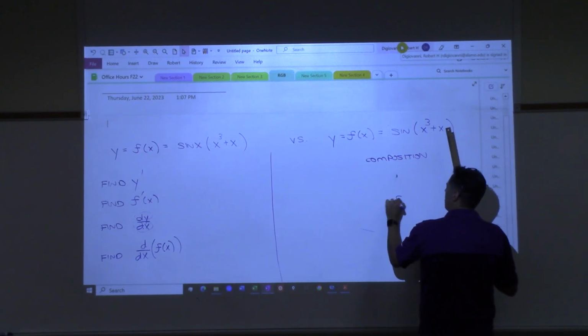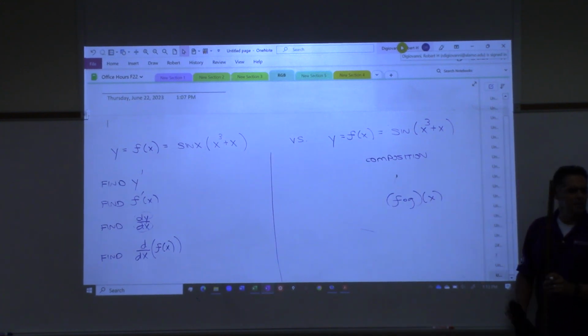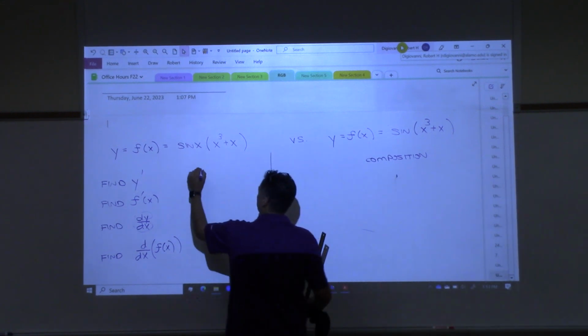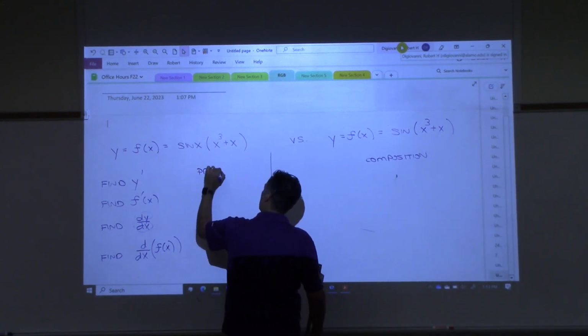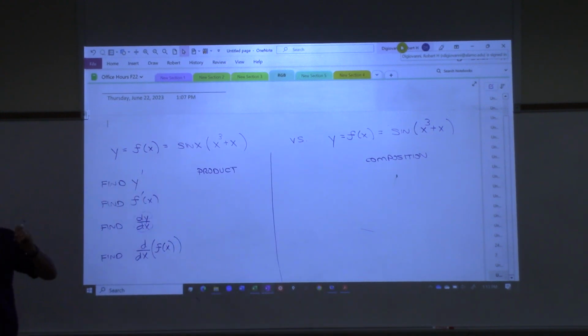You might remember if I write this, f of g of x. Do you remember that f of g thing? That's composition. This right here is a product. In order for you to be successful in this next section, you must be able to tell the difference between products and compositions.